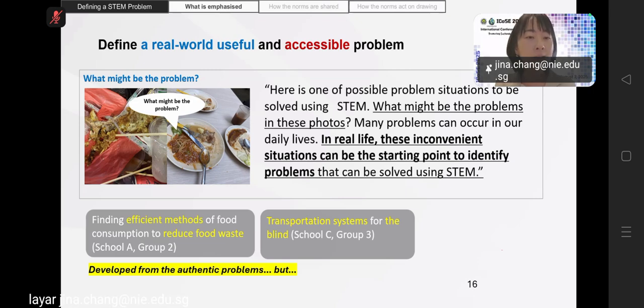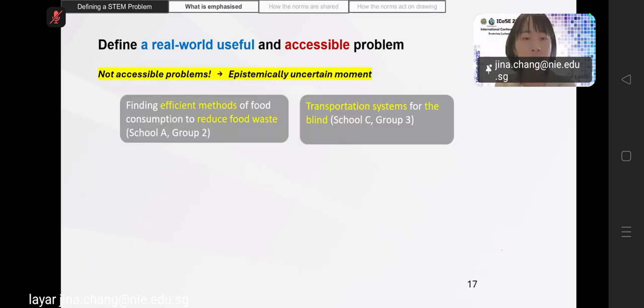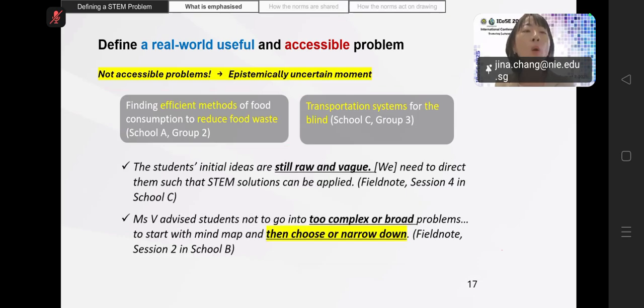However, many instructors pointed out that they are too vague and too broad for students to control, right? So instructors commented as follows: the students' initial ideas are still raw and vague, and the problems are too complex or broad, so they need to choose a specific part or narrow down.